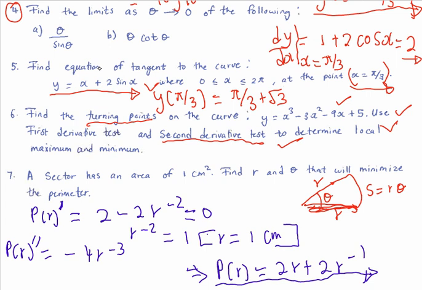And for that, I'll substitute now. I'll let my R be equal to 1. Now I'll substitute my R equals to 1, and if I get an answer that is positive, which means I'm having a minimum. If I'm getting an answer that is negative, it means I'm having a maximum.